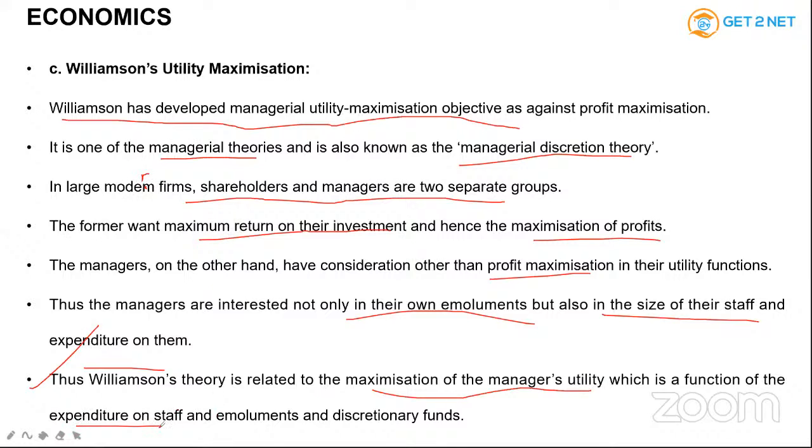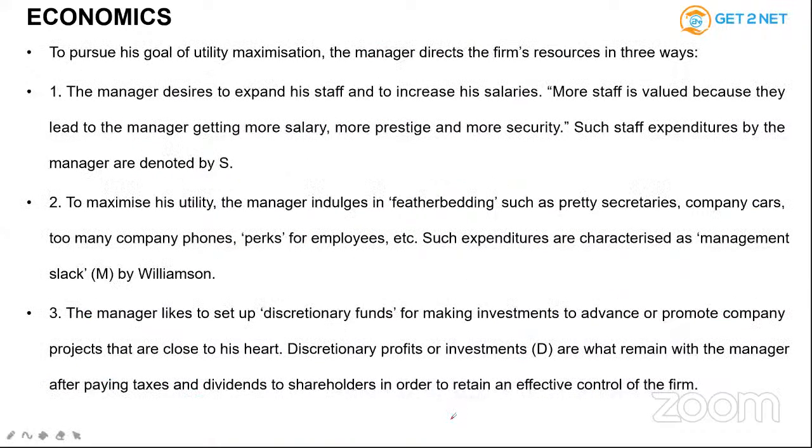How much we spend on staff, how many emoluments we use, and how many discretionary funds there are. So this is also an objective, a sub-objective of your business firm. To pursue the goal of utility maximization, what does the manager do? He directs his resources in 3 ways.